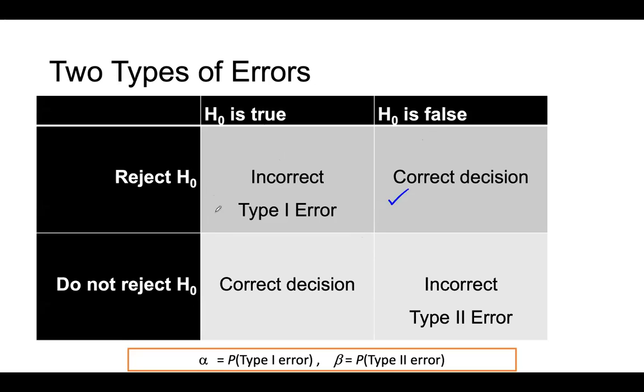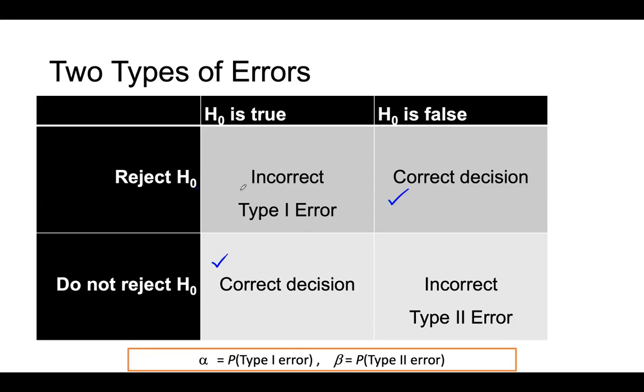Suppose the null hypothesis is true and you do not reject it, then you made a correct decision. But what happens if the null hypothesis is true and we decide to reject it? That is an error. That's incorrect, you don't want that situation.